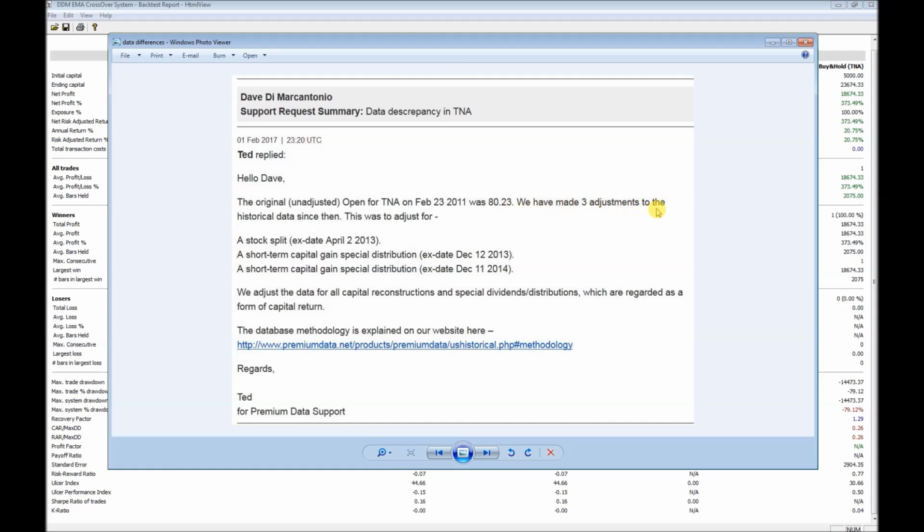So he was explaining the adjustments that they make to the historical data, and apparently these kinds of adjustments are the most accurate representation of the data that you can use for backtesting, because there can be a number of different discrepancies based on dividends and special capital distributions. So it's all explained in this email. I've taken a screenshot of it here. You can have a closer look at it.